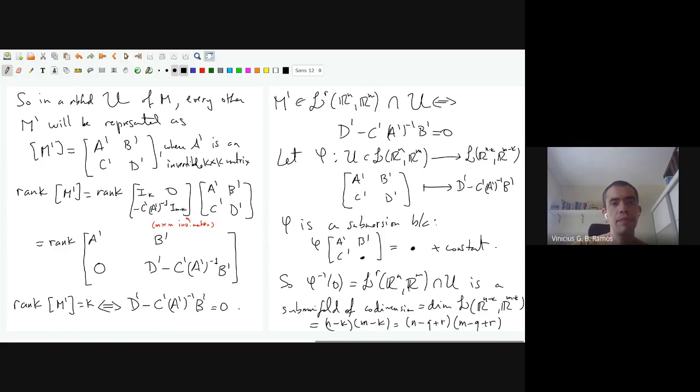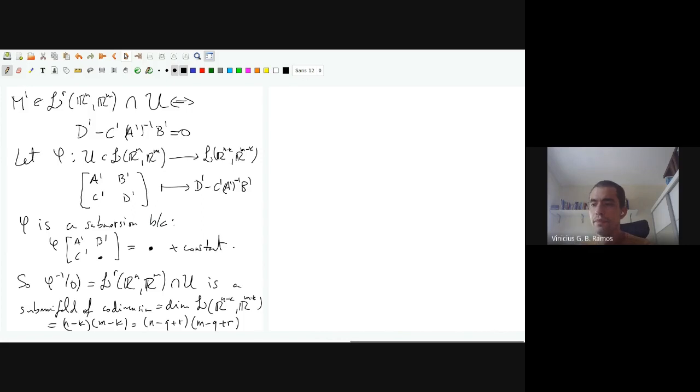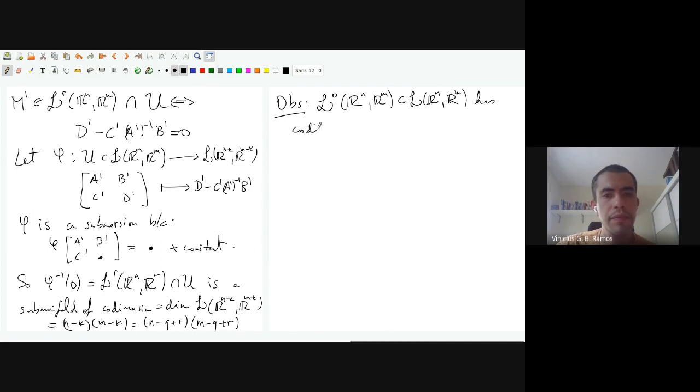Okay. So now notice that if you take L0 inside of L, that is going to be open. So this has codimension 0.